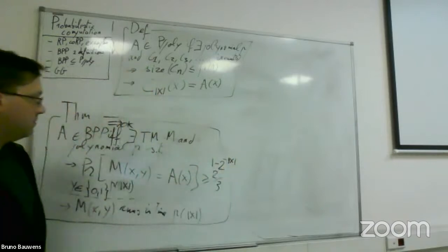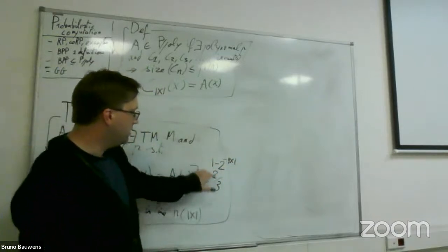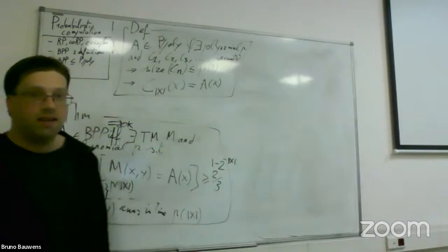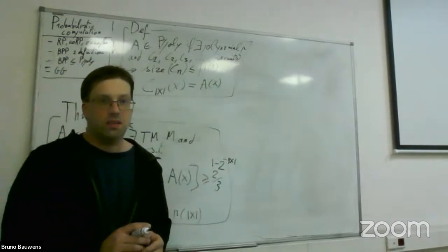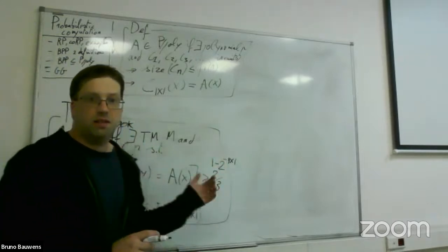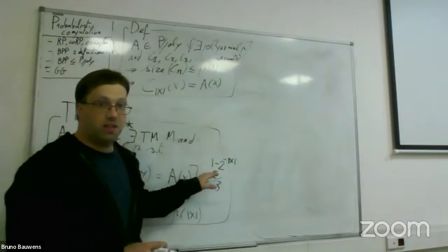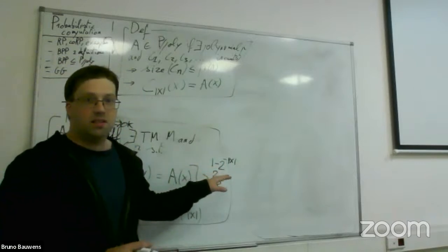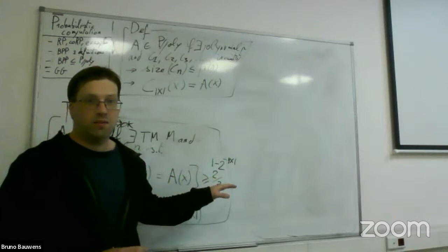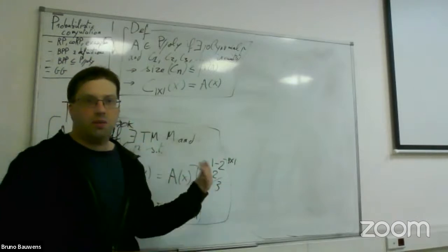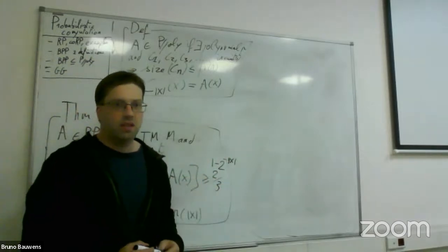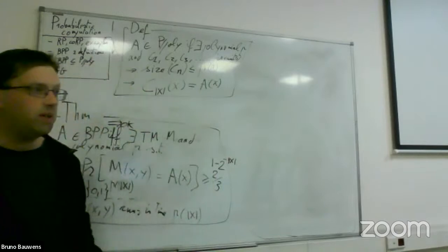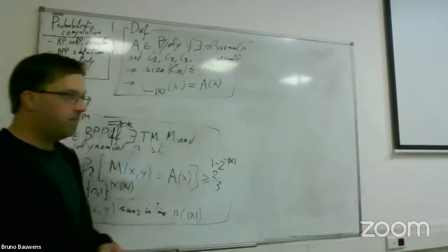So that's the theorem: if you use 2/3 or this one, it's the same. The strategy is to run the machine many times, a linear number of times, and take a majority vote. And this follows by Chernoff bound.